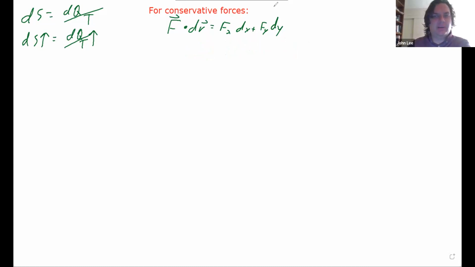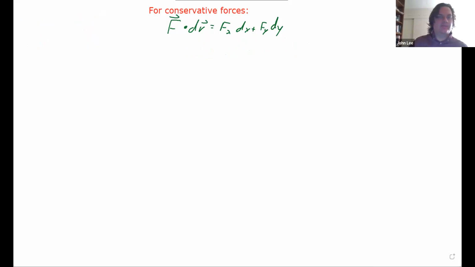Is that F dot dr is equal to Fx dx plus Fy dy. And in order for this to be an exact differential that just resolves itself, so that if you go in a circle around it, it equals 0, then dFx/dy must be equal to dFy/dx.